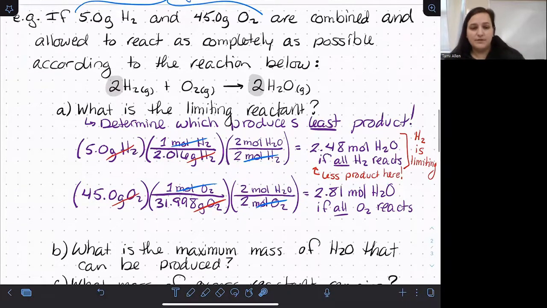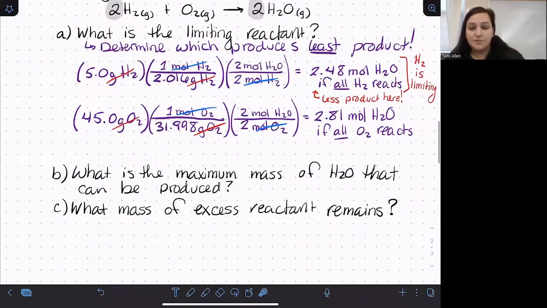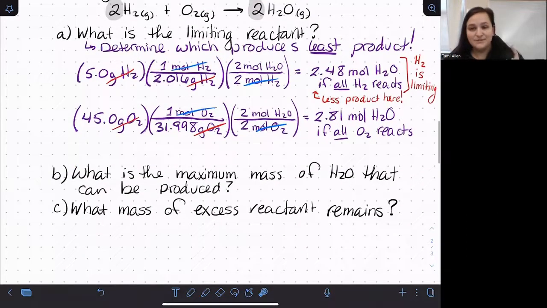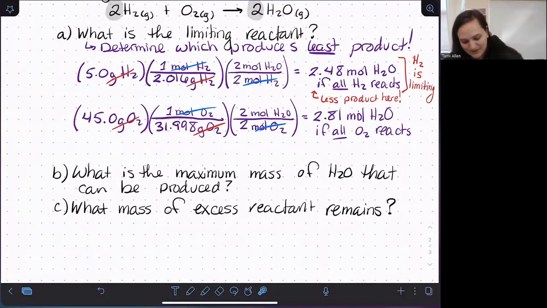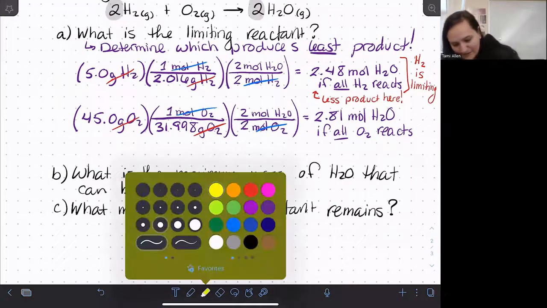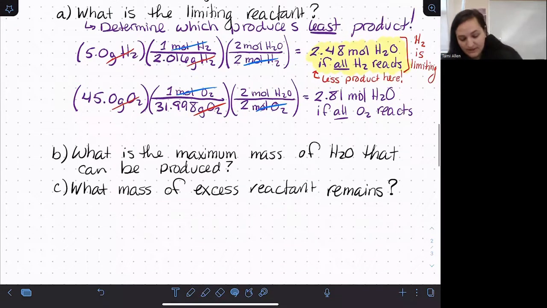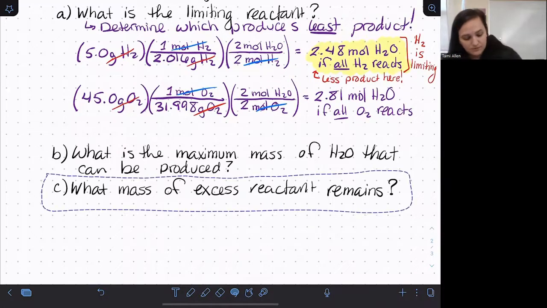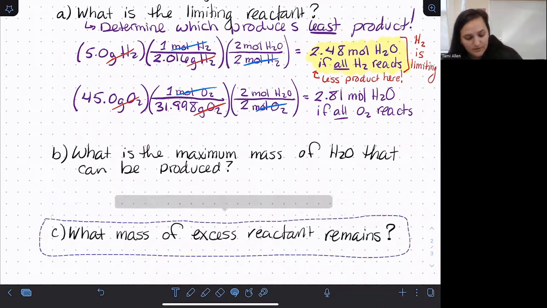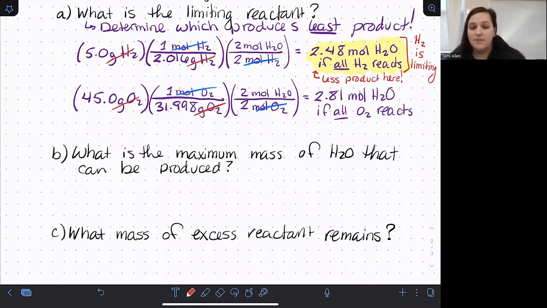The next part of the question asked us what is the maximum mass of water that can be produced. We've mostly already solved for this. So this is going to be the actual amount of water that is produced by the reaction. We did it in moles in the first step, so all we need to do is convert that number into grams since we were asked for the maximum mass.